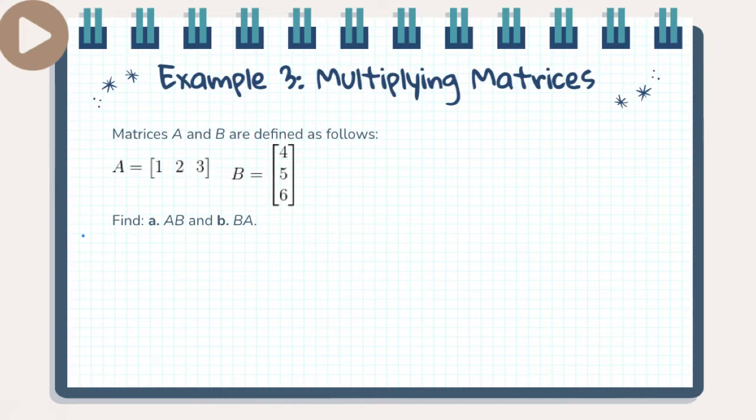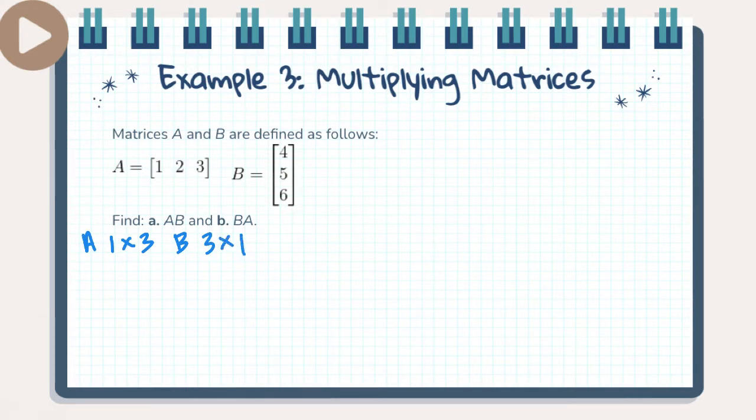So we know that the matrix A is of the order 1 by 3, row by column. We know that matrix B is of the order 3 by 1.